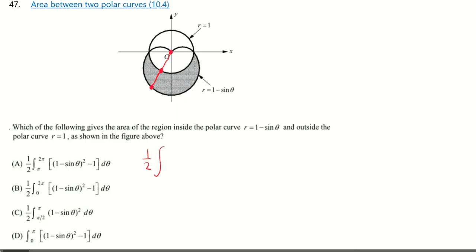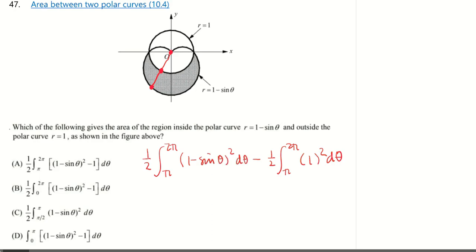So it's 1/2 of the integral, it looks like from pi to 2 pi, and on the outside, I've got 1 minus sine theta, minus, I'm subtracting because I've got this circle area that I need to subtract. 1/2 integral from pi to 2 pi on that.